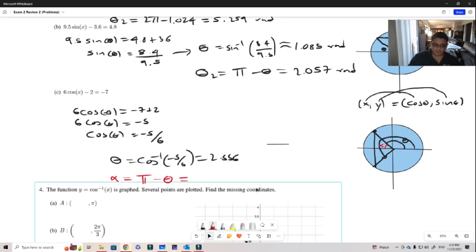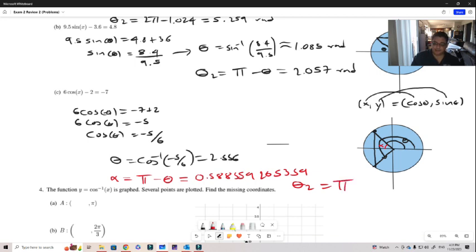So we do this pi minus theta, and that's going to give me 0.5885926... So this is a long thing, but now to get my second angle, theta 2, it's actually pi plus this difference.